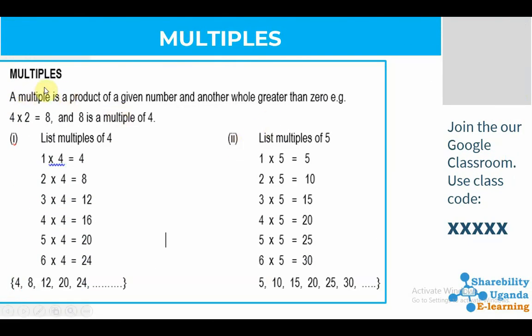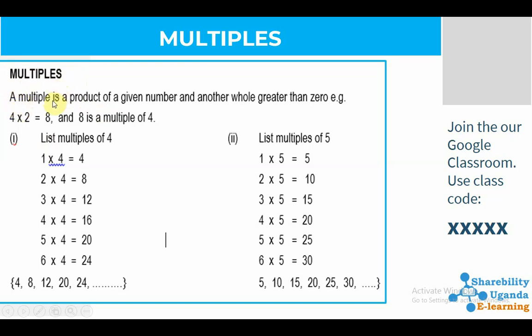As I've earlier said, we are going to deal with multiples of a number. What comes to your mind when they talk about a multiple of a number? Hope everyone has an answer, and every answer is very correct. Let's go ahead and define a multiple of a number.